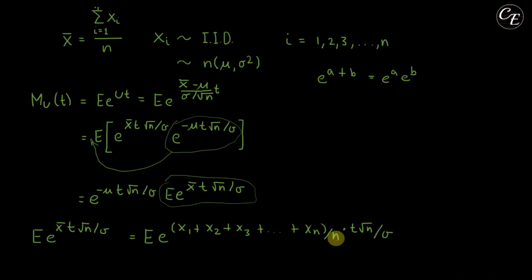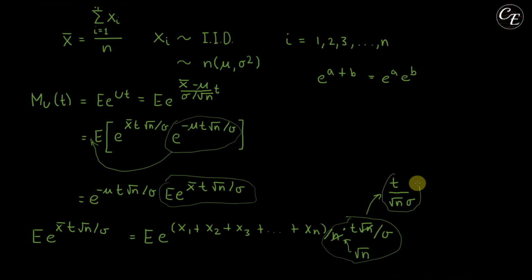Now in here we have n over square root of n. We have n raised to 1/2 minus 1, which is n raised to negative 1/2. So we can just cancel it, and this n will become square root of n. Combining all this constant, it will just become t over square root of n times sigma.